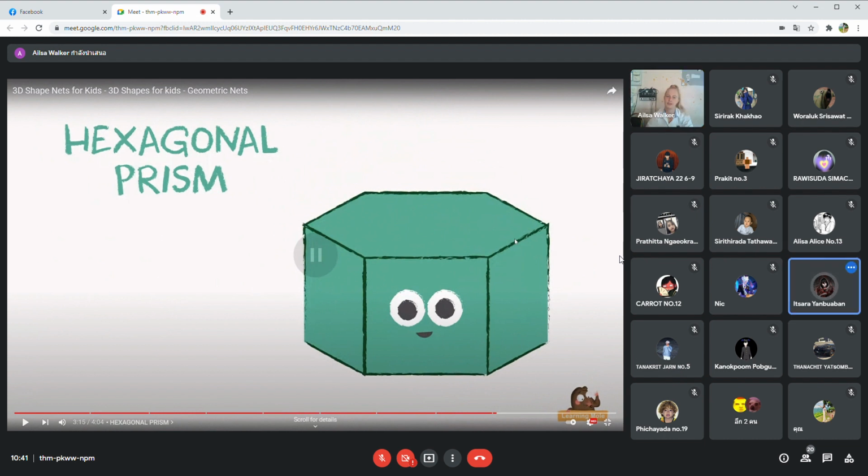Hexagonal prism. This is a new one. Yes, hexagonal prism, because on the top it has a hexagon shape.